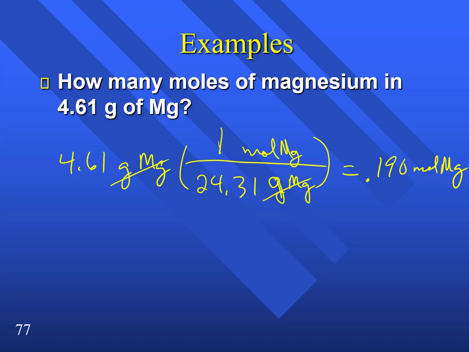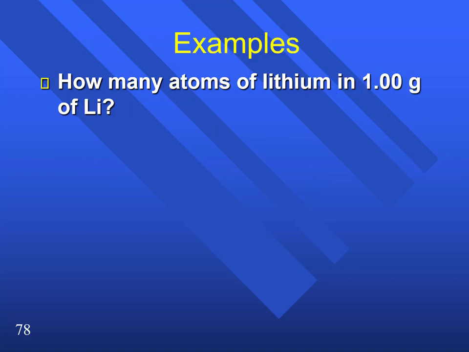Okay? So I can figure out how many pieces with moles. I can figure out how heavy with moles. Or I can put them together and start off with how heavy it is and end up with how many pieces there are. How many atoms would there be in a gram of lithium?